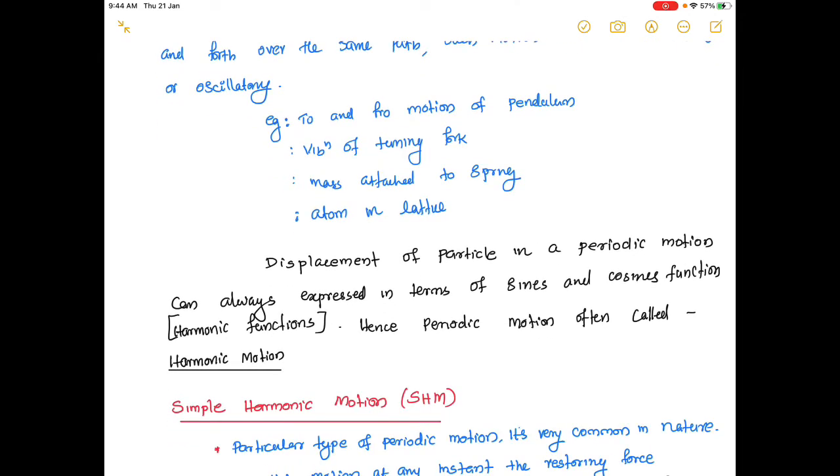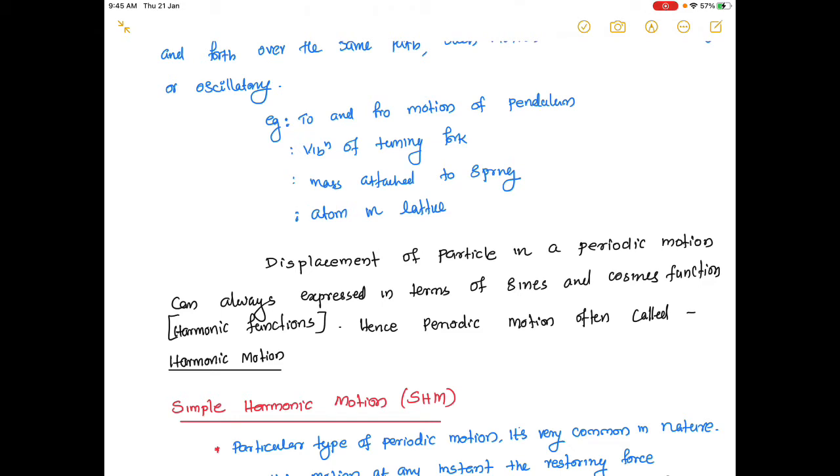The next point is the displacement of a particle in a motion. The displacement of the particle in a periodic motion can always be expressed in terms of a sine function or cosine function. These are mathematical functions, sine and cosine.